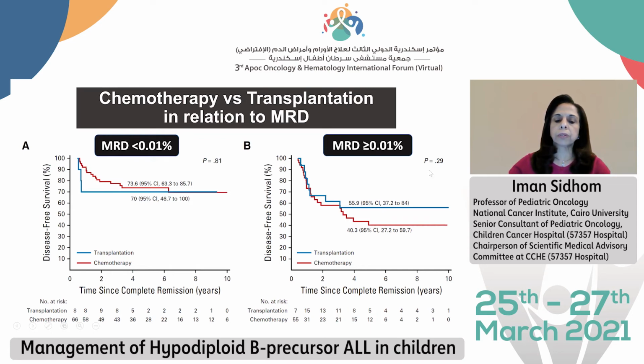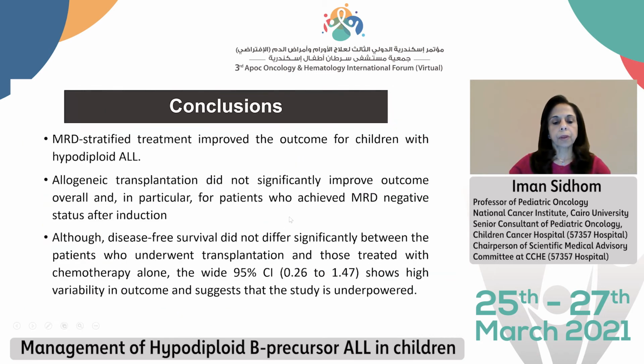However, the difference is not statistically significant. This study concluded that MRD stratified treatment improved the outcome for children with hypodiploid ALL. Allogeneic transplantation did not significantly improve outcome, in particular for patients who achieved MRD negative status after induction.